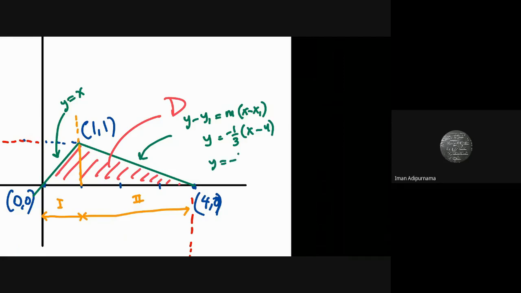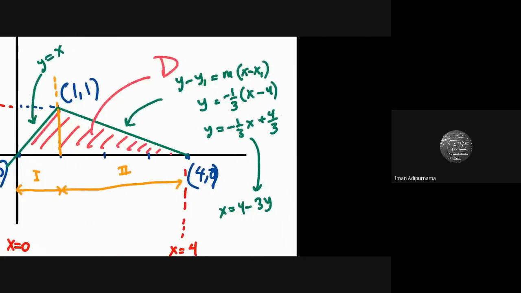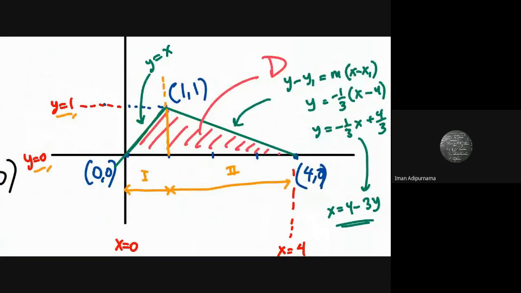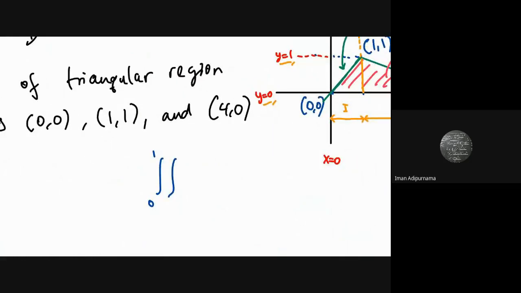So this is our line. Or in terms of x, we have 4 minus 3y. Basically, this x equation will be minus this one. So I will write into our equation that it is 4 minus 3y minus y.